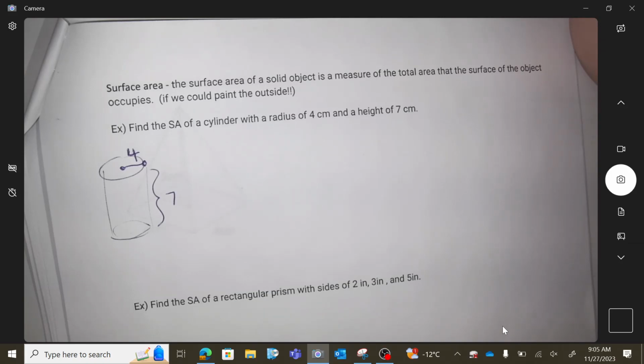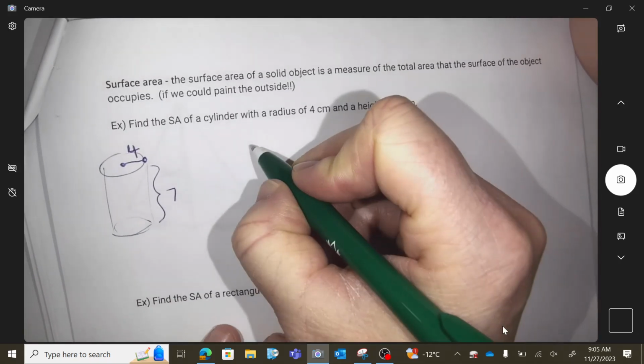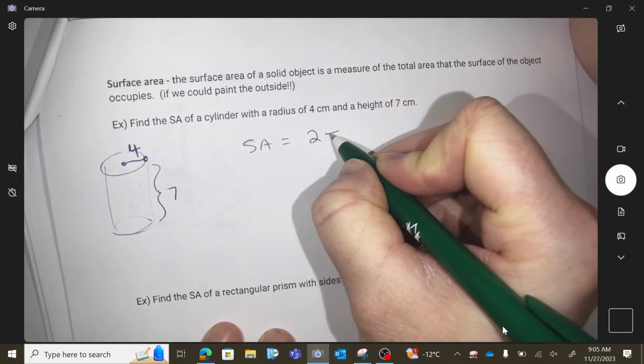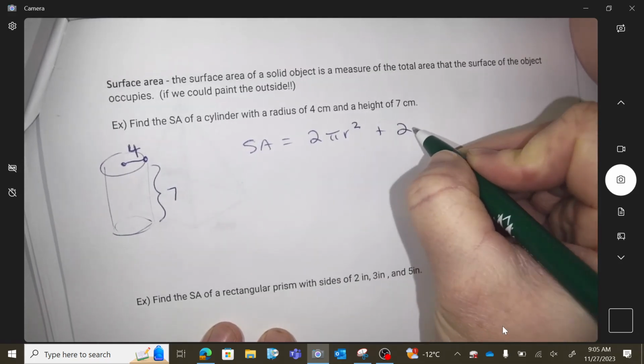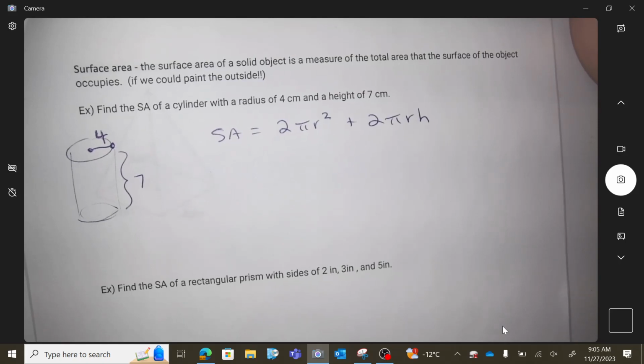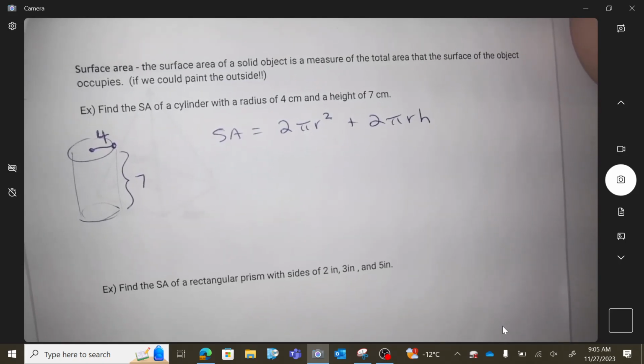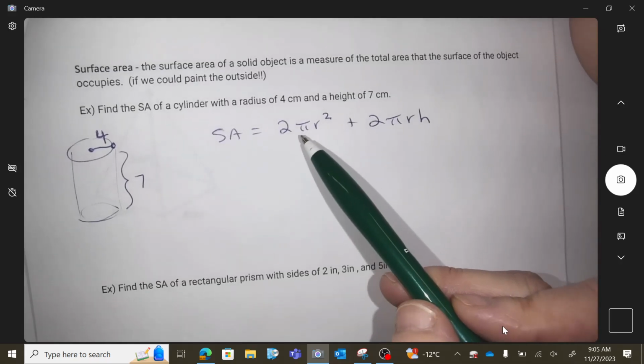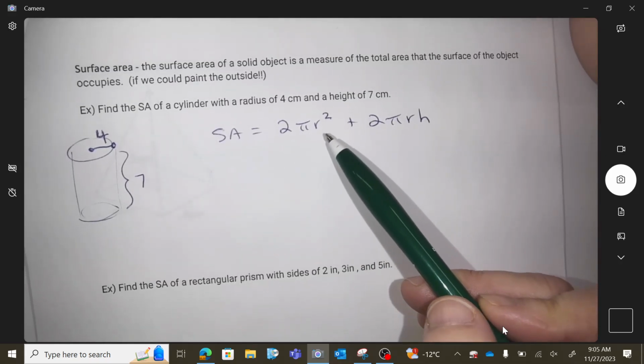Okay, so finding a surface area formula, you don't have to write this down because you're looking at your sheet, so I'm just going to write it on mine. Okay, so this is the formula for a cylinder. So what are these parts of the formula? Why does it say 2 pi r squared?